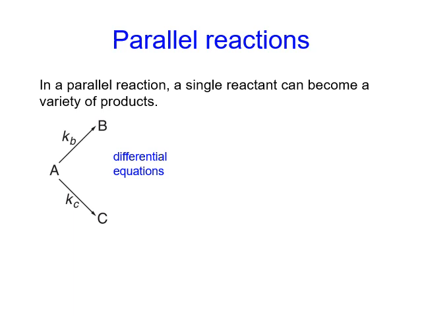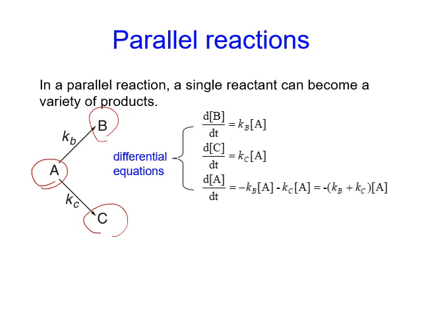In addition to consecutive reaction mechanisms, there are also parallel reaction mechanisms where a reactant may form more than one product at the same time. So we can write a differential rate law for each of these parallel reactions.